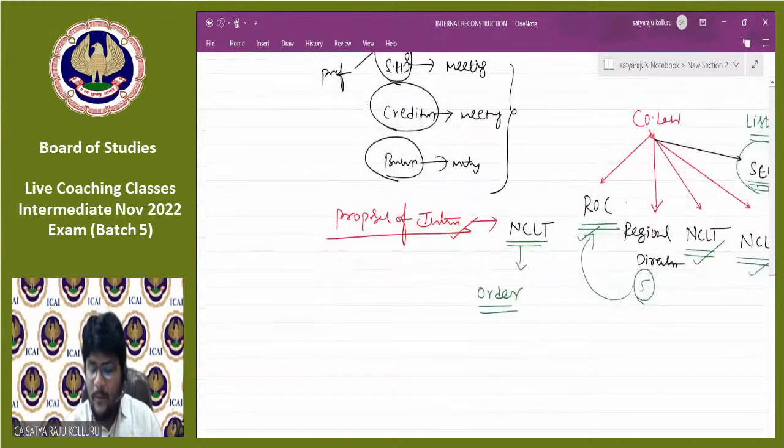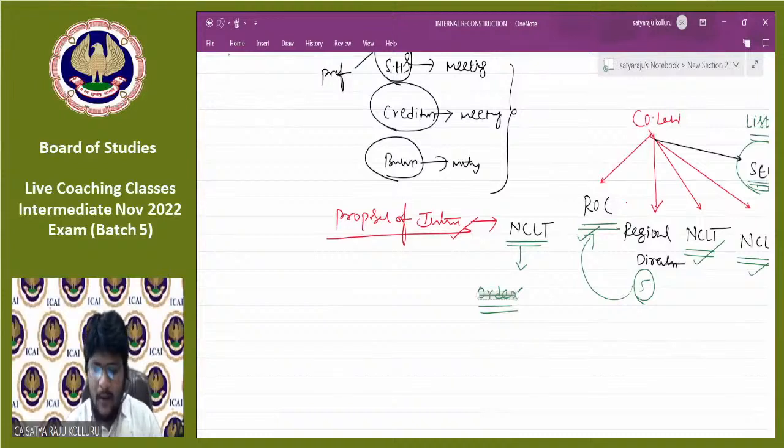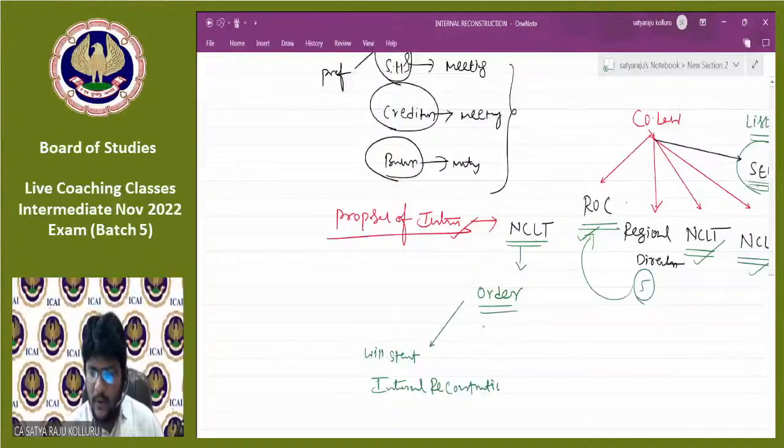Then, as per that order, the company will start doing the internal reconstruction procedure, as per the order passed by the National Company Law Tribunal.